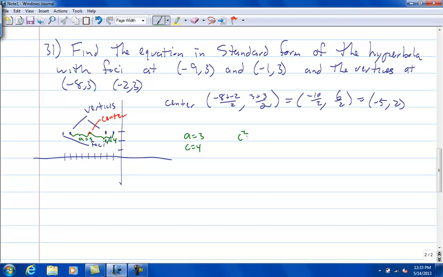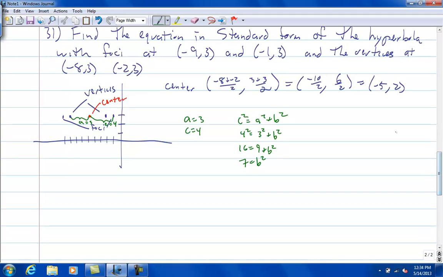Now in this, C squared is A squared plus B squared. So 4 squared equals 3 squared plus B squared. So 16 equals 9 plus B squared. So 7 is B squared. And we want to put this in standard form.